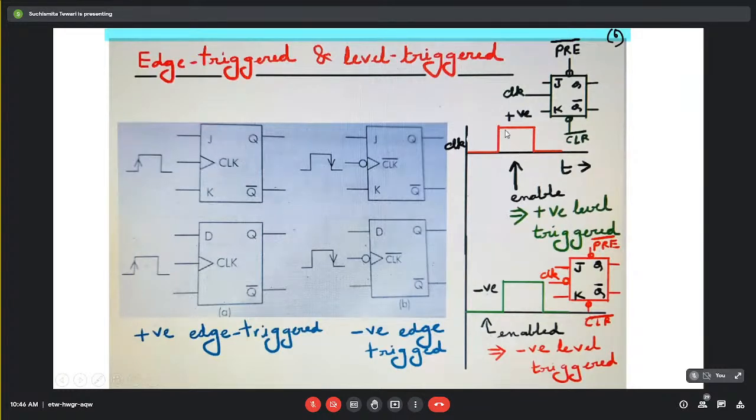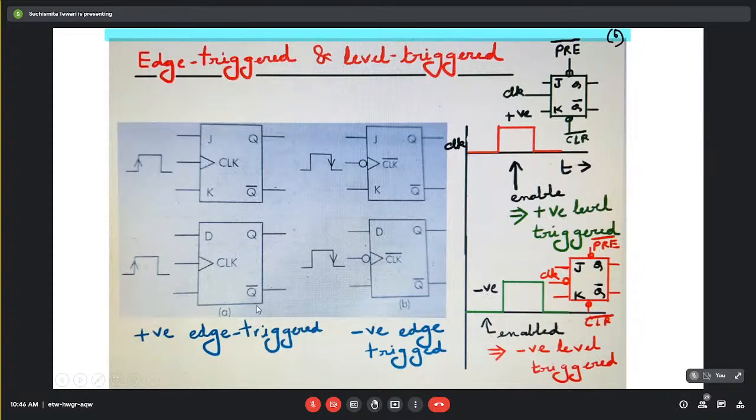So this one is called positive level triggered. And it is called negative level triggered when I am giving a logic level low and the output responds to the change in input. In that case, we say it is a negative level triggered clock. That is, for the disabling period of the clock, the output is responding to input.